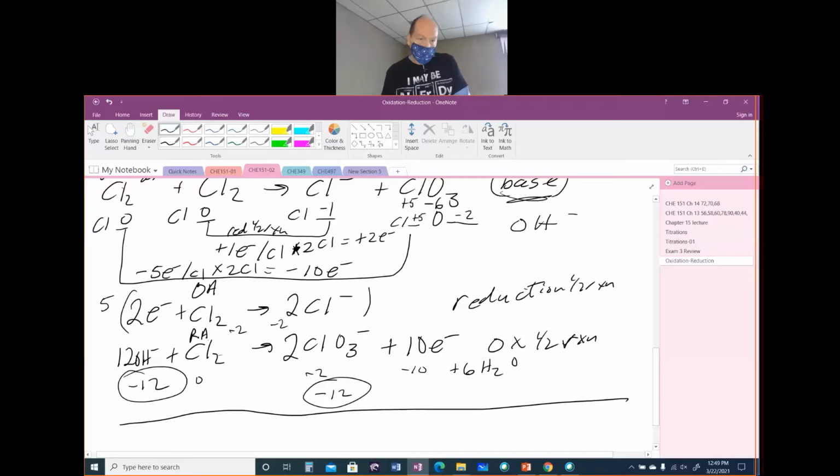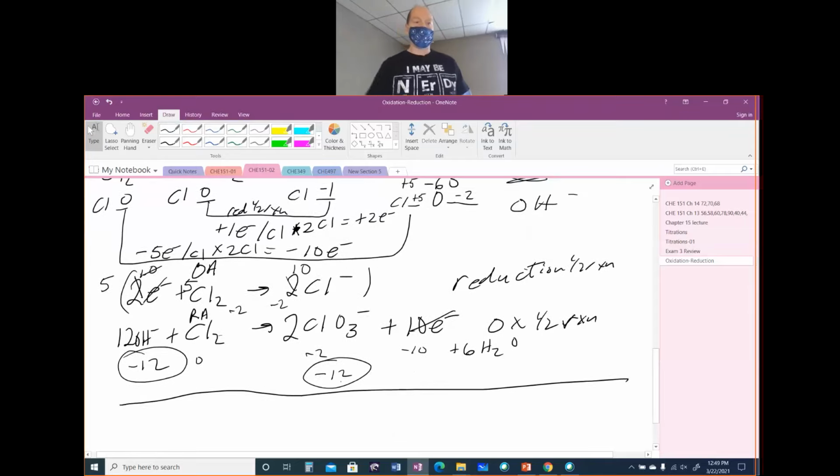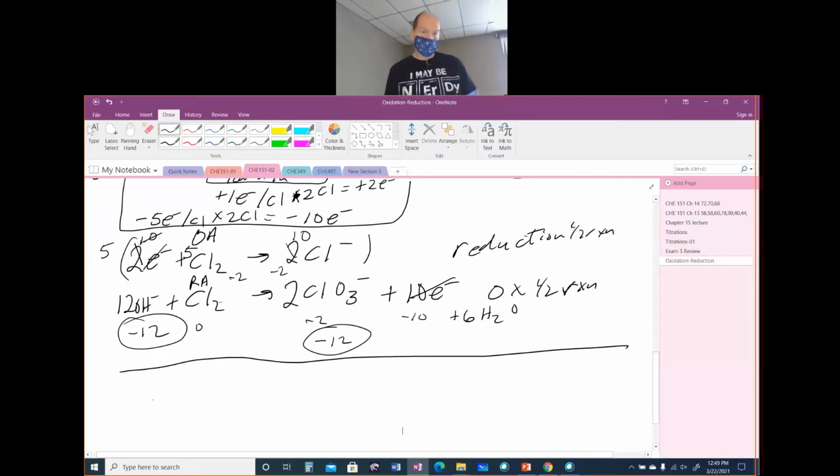All right, and so now we have 10 electrons, we have 5 Cl2s, and we have 10 Cl minuses as I multiply it through by 5. And so we subtract 10 electrons from both sides. The 10 electrons from both sides are gone. And so we can then add up our two half reactions.